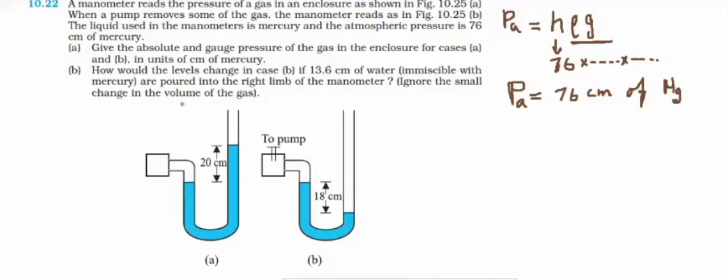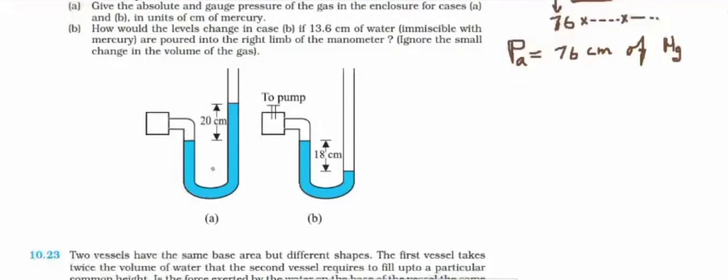Now first take diagram A. In diagram A, you can see there is a horizontal line. Take P as the pressure inside the container, so everywhere inside the pressure is P. Here we have atmospheric pressure P_A.